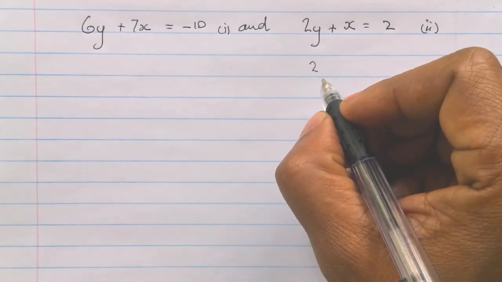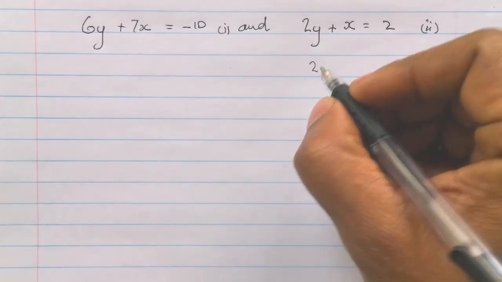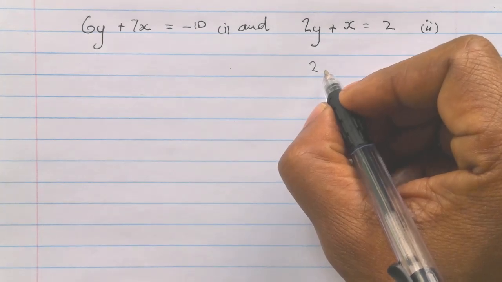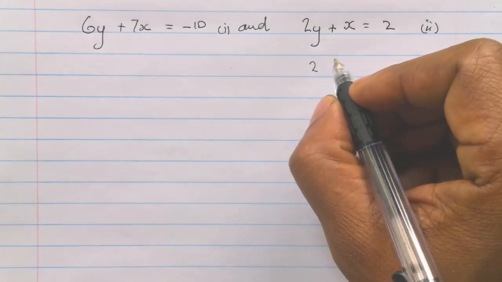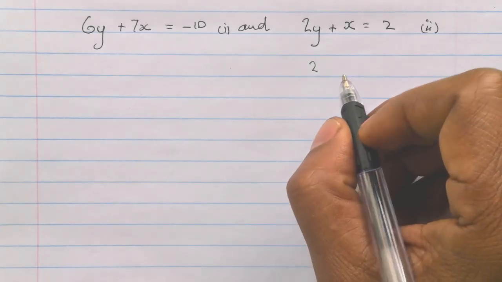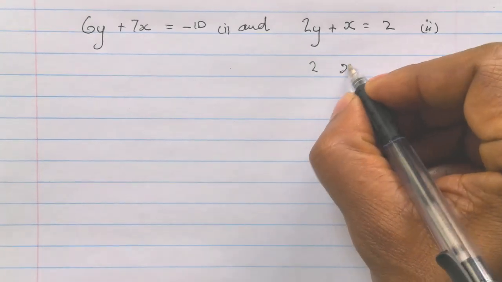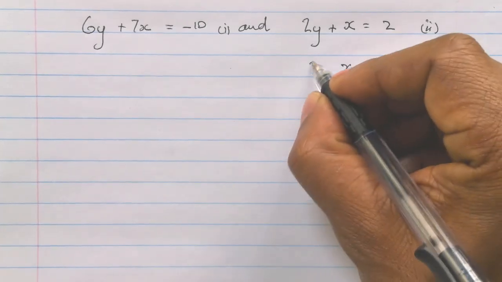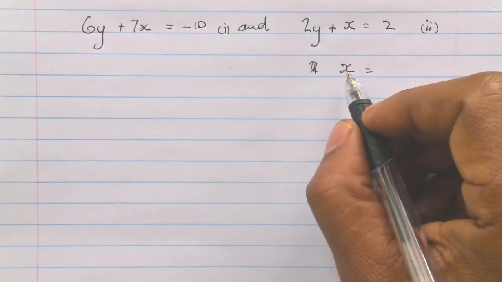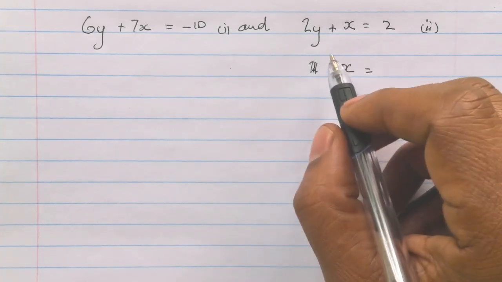Right, so what am I going to do here? I have a 2y plus x, and I choose to make my x the subject. So what I'm going to do, I am going to change what I wanted to do now, because I was quick to write that. So I want my x to be the leading variable.